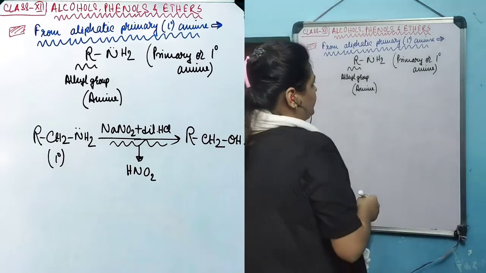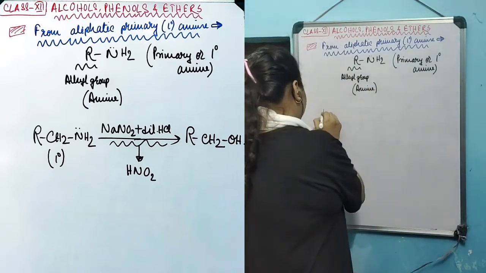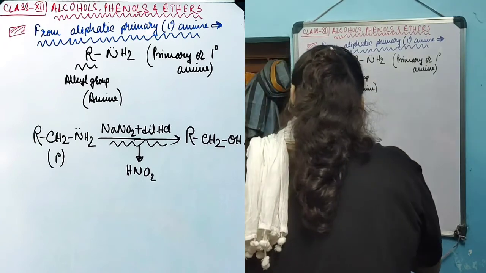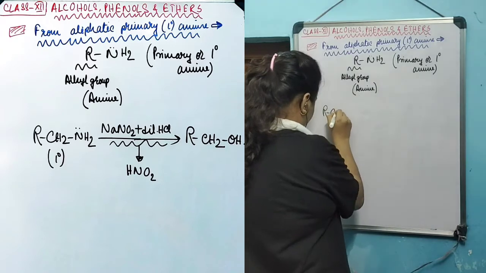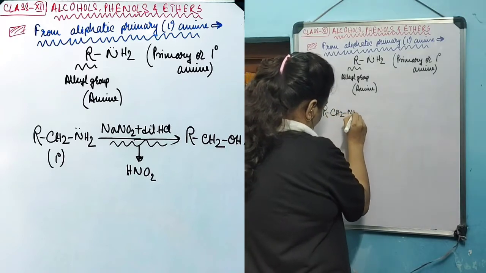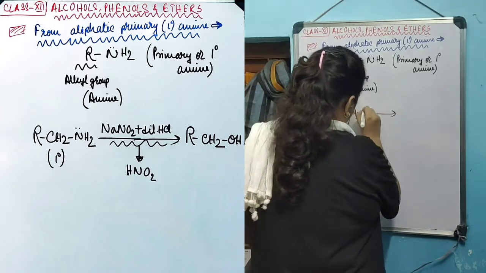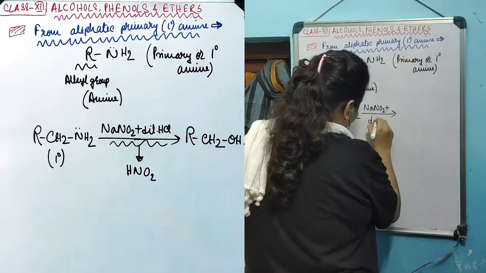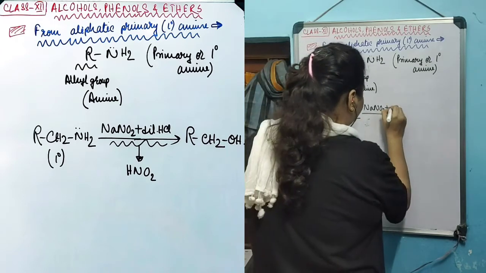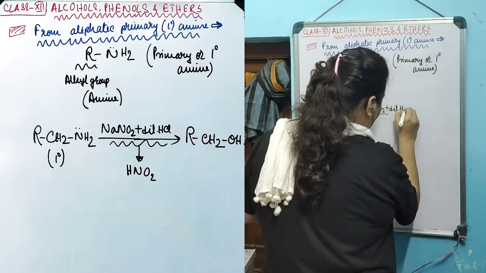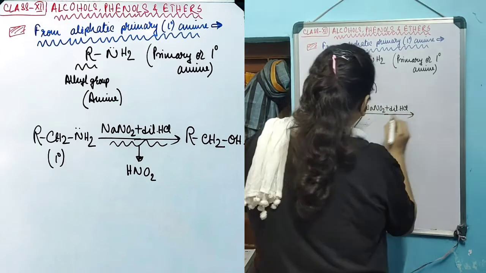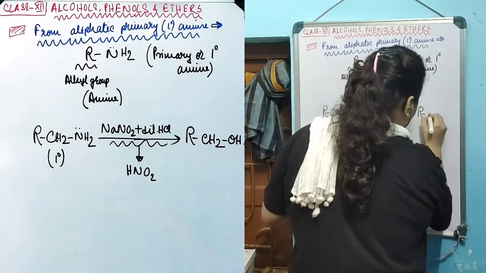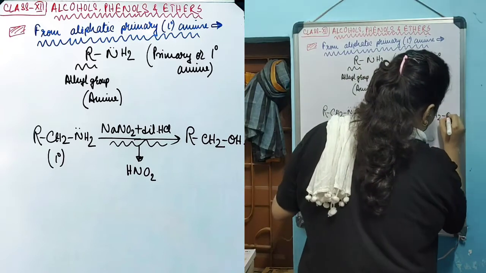When this kind of primary amine is subjected to NaNO2 and dilute HCl, this primary amine produces the corresponding alcohol.